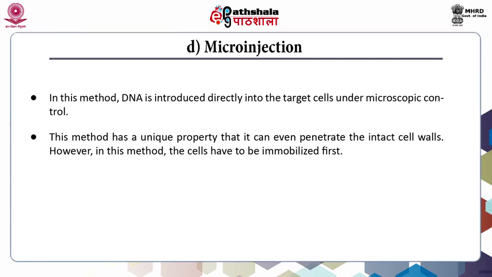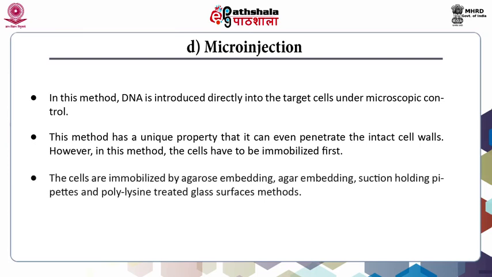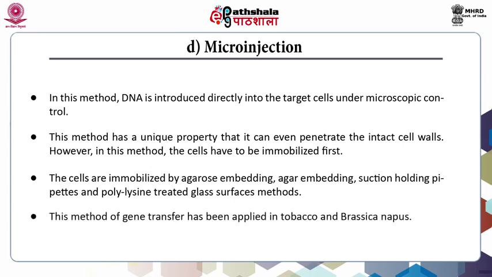However, the cells have to be immobilized first. How can the immobilization be done? Immobilization can be done by agarose embedding, agar embedding, suction holding pipettes and polylysine treated glass surface methods. This method has been applied to raise the transgenic plants of tobacco and Brassica napus.